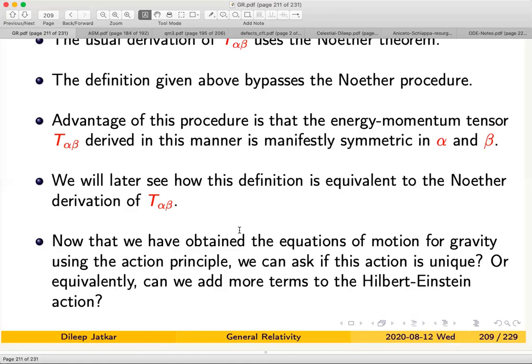Now, if you get some term which is like alpha times capital A, then your equation of motion is 1 plus alpha times capital A. And if alpha is say positive, then 1 plus alpha is never going to be 0, and therefore capital A is 0, and you still get the same equation of motion. So you could have additional quantities which actually do not change your equation of motion.